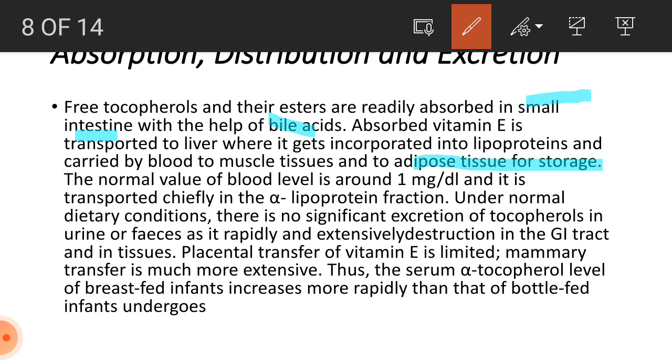The normal blood level is around 1 milligram per deciliter, and it is transported chiefly in the alpha lipoprotein fraction. Under normal dietary conditions, there is no significant excretion of tocopherols in urine or feces, as it is rapidly and extensively destroyed in the GI tract and tissues.